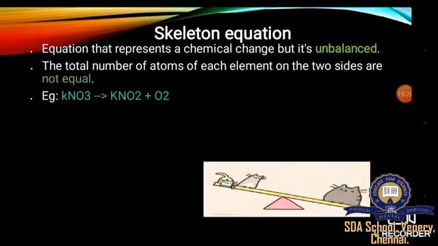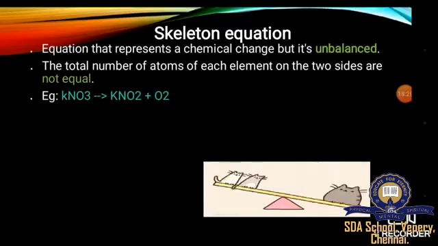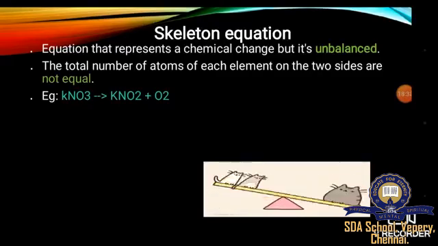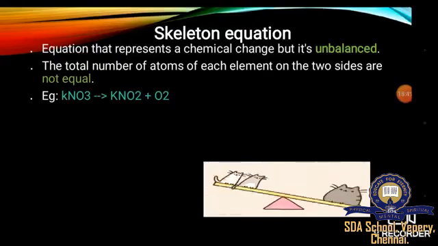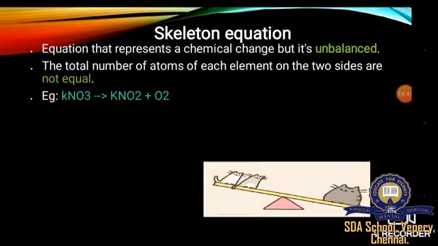The example is KNO3 gives KNO2 plus O2. Here we can see we have 1 K, that is potassium, on the reactant side, and on the product side also we have 1 K. On the reactant side nitrogen N we have 1, and on the product side we have nitrogen 1.